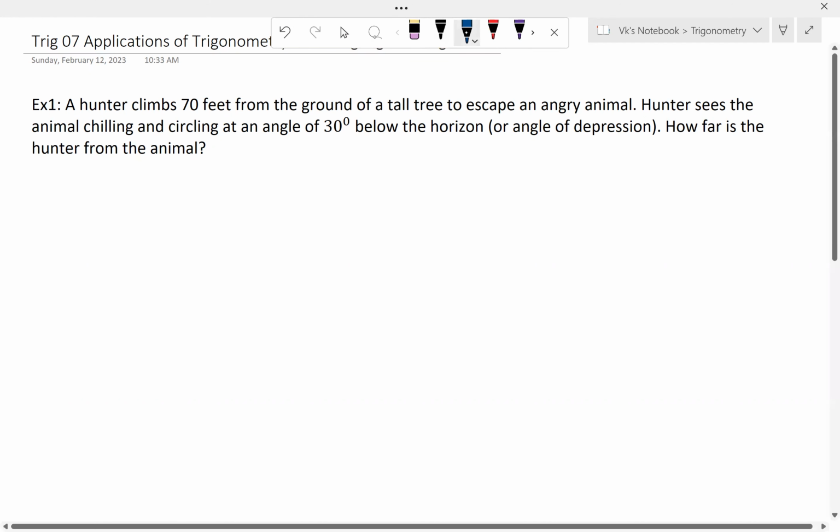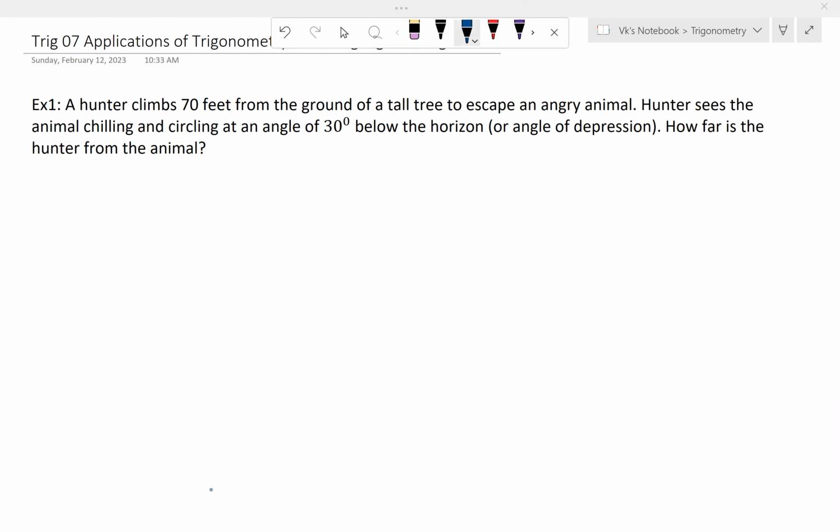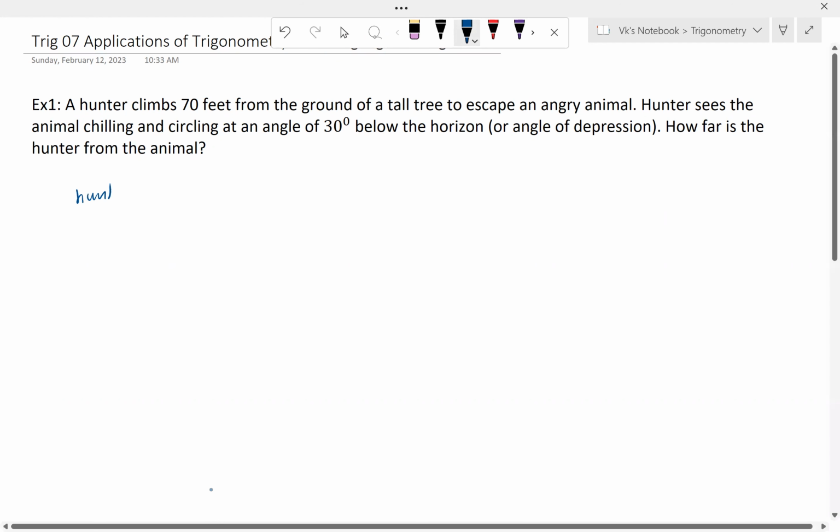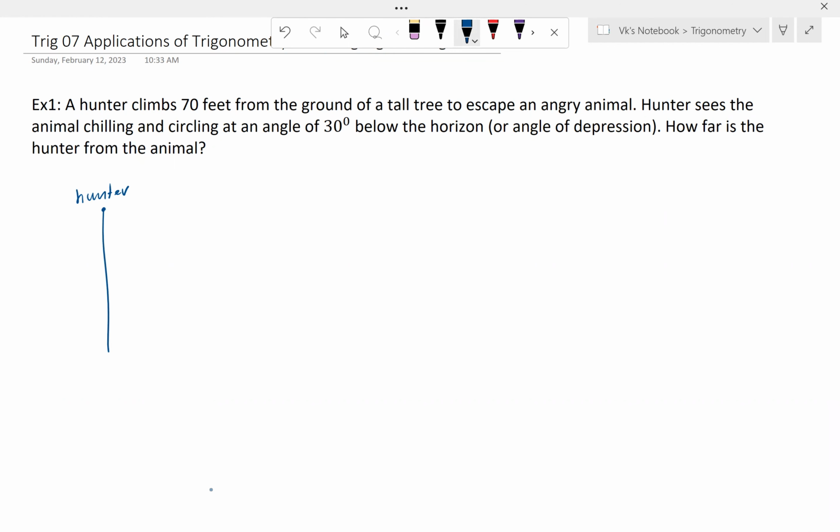Let's do some sketch. So we have the hunter on top of a tree, and the tree is 70 feet. We have no idea how far the hunter is from the animal. It's called X there.